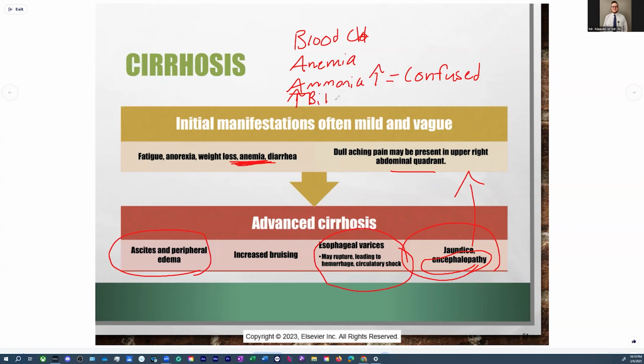Increased bilirubin, which equals icterus, right? Jaundice. Unable to filter. This is the ammonia is related to unable to filter toxin filtration. I think that's the big ones.